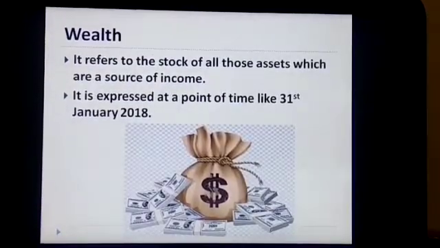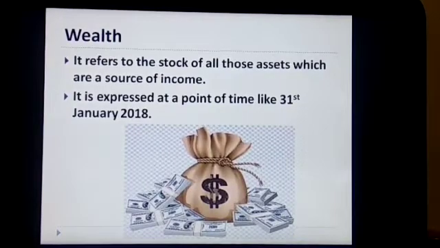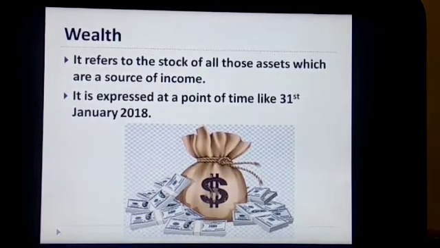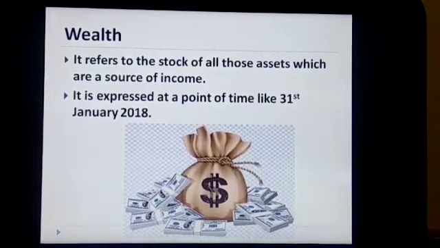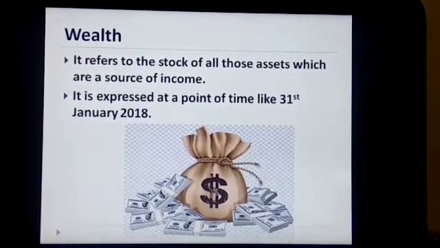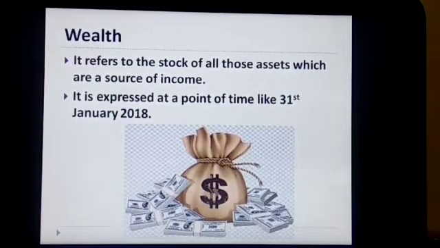The next definition is wealth. Wealth refers to the stock of all those assets which are a source of income. It is expressed at a point of time like 31st January 2018. Suppose you own a house, you own some jewelry, you have some cash.